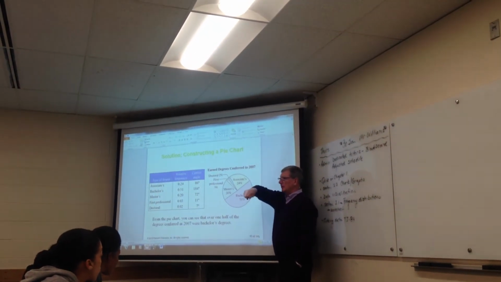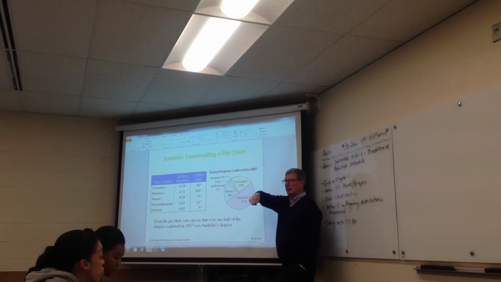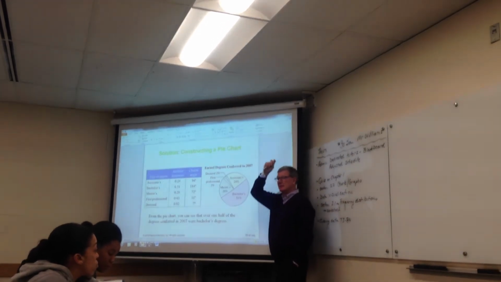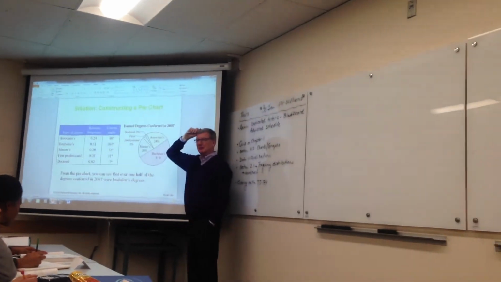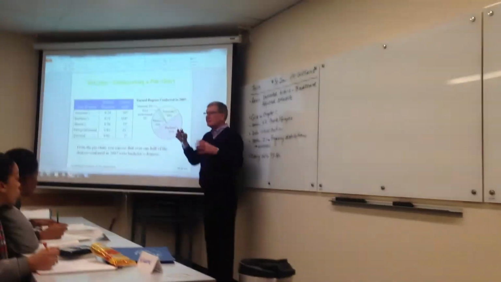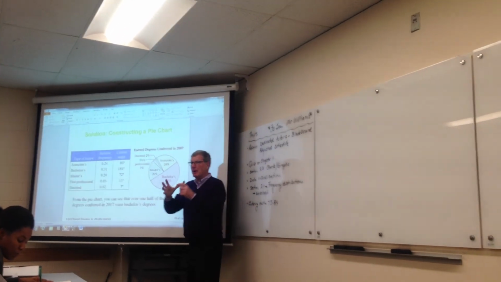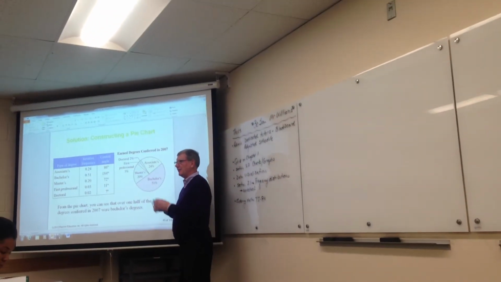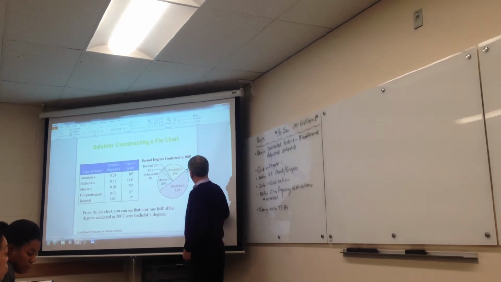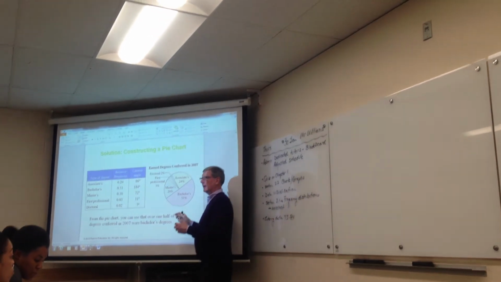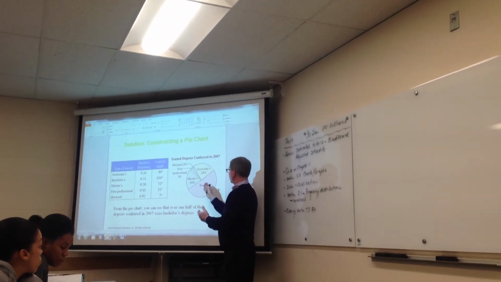Anybody remember a compass and a protractor? Yeah, me too. With some cynicism, I suppose. Okay, but if you actually had to make a pie chart and you had a compass and a protractor, you'd have to figure out how big these angles are before you could draw the slice of the pie.